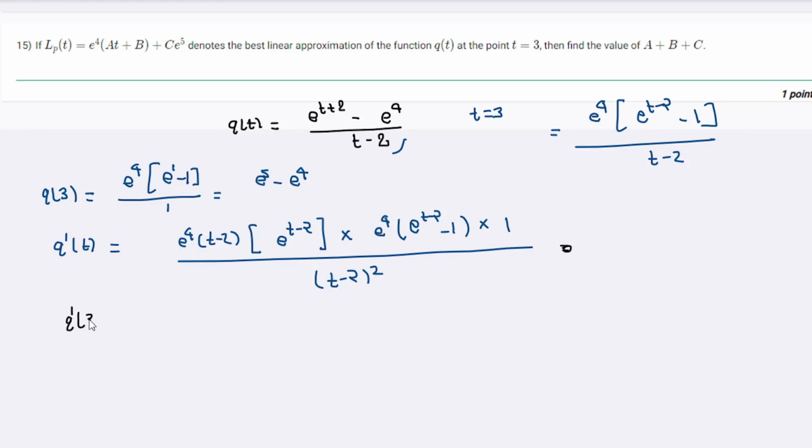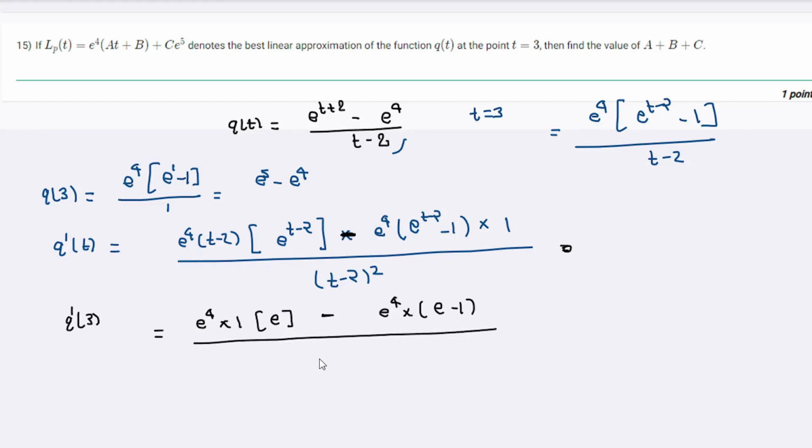Now substitute t is equal to 3, so it will be equal to e to the 4 times 1, it will give e, so it is minus here, minus e to the 4 times e minus 1, divided by 3 minus 2 whole square, which will give 1.